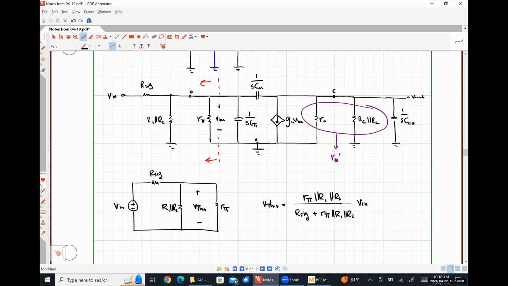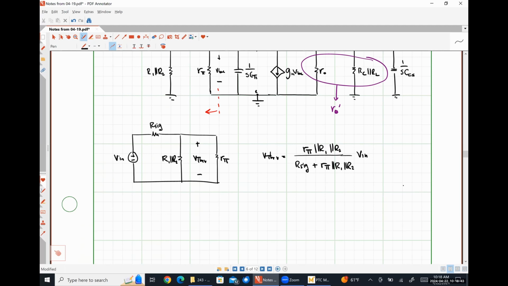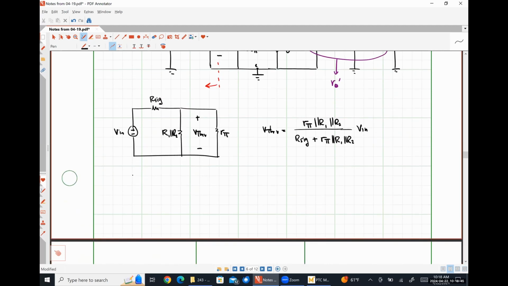Simple voltage division. R thev is going to be found by looking into the terminals on the right. So here I've got R sig. It's in parallel with R1 and R2 now because we turn the input voltage off. We need to be looking at a dead network. R1 in parallel with R2.